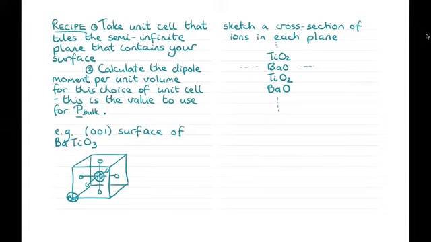One important point to note is that the barium ions are divalent, and the titanium ions have charge 4+, and the oxygen ions each have charge 2-. So these layers have charge of 0.